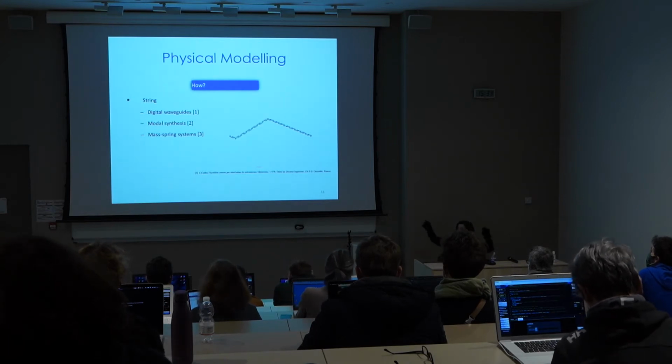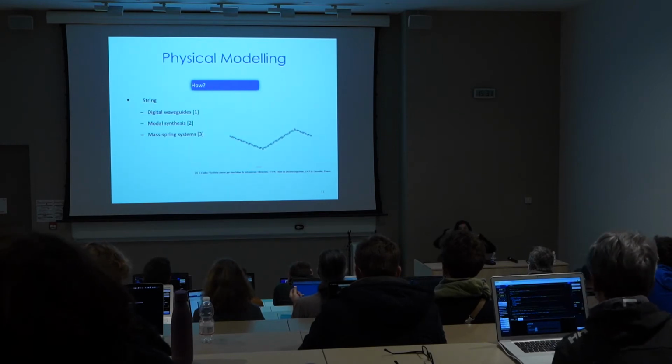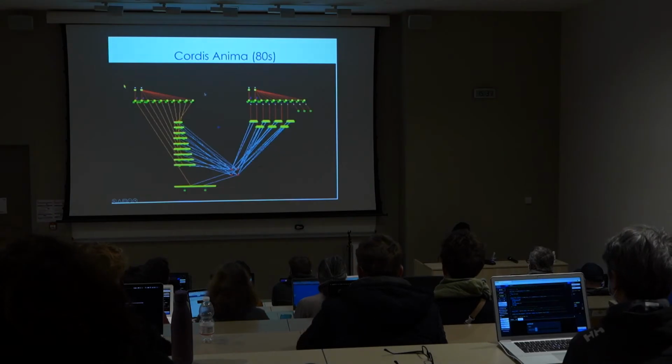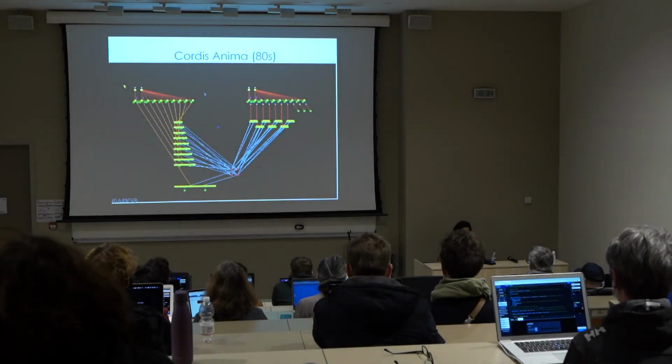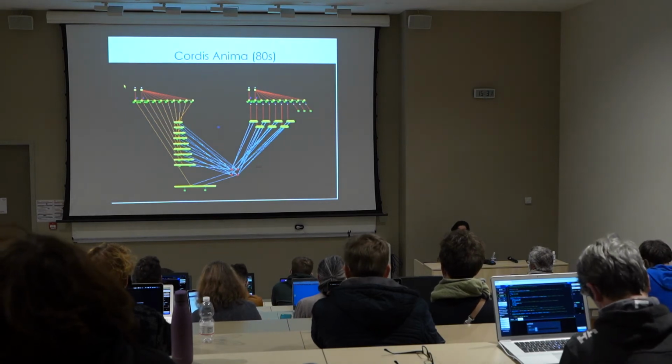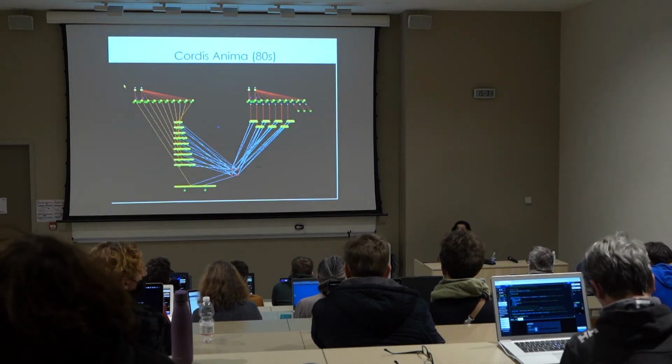You consider your string as a connection of many masses and springs put in series. And as I mentioned, in Grenoble, there is a very nice center that makes a system called Cordis Anima, where they work with mass spring systems.